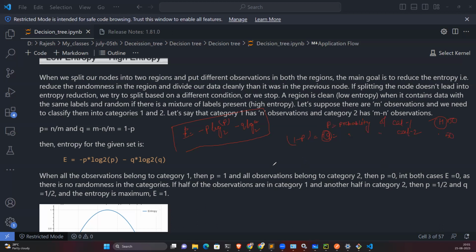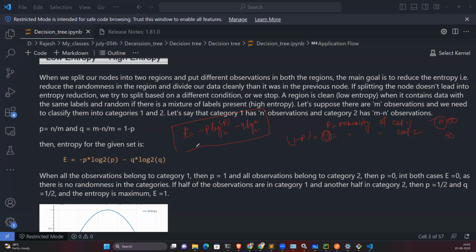So now similarly we are going to write the entropy formula: minus P, the probability of category 1, times log of the probability of category 1 base 2, minus Q times log of the probability of category 2 base 2.